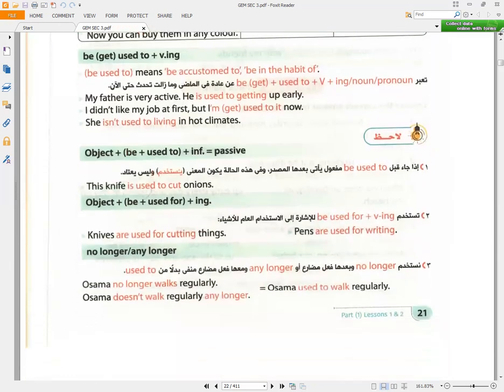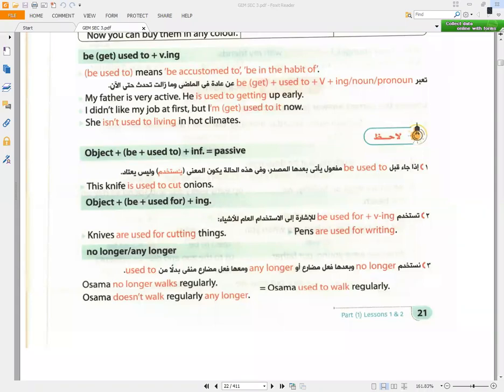This form, be used to plus infinitive, yes, it's very confusing if we use is used to for passive. This knife is used to cut onions, or used for cutting. Here, it's passive. Okay? Sorry for the interruption.